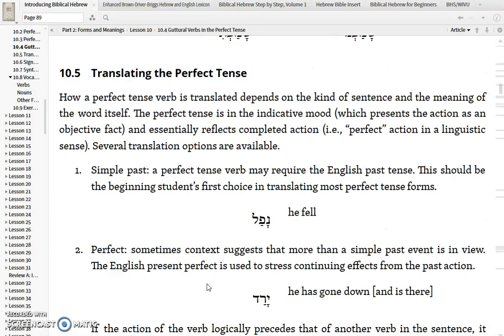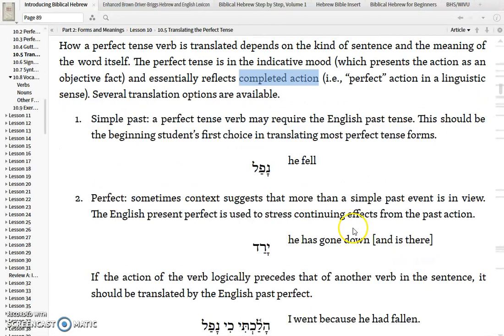So how do we translate these verbs that are in the perfect? The basic idea of the verb in the perfect, if it's an active verb at least, is completed action. And so in most cases, it will be translated with a simple past. So here you have nafal, which would be a third masculine singular pattern. And nafal means to fall. So nafal means he fell. That would be a typical meaning of it.